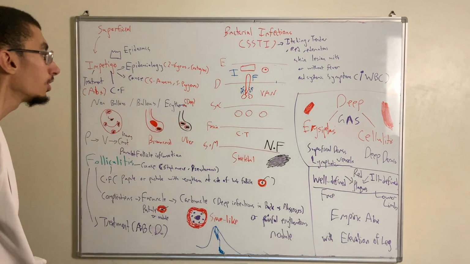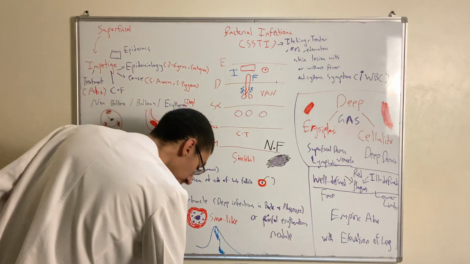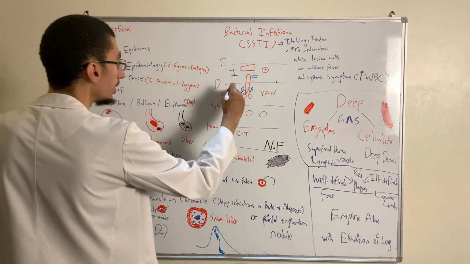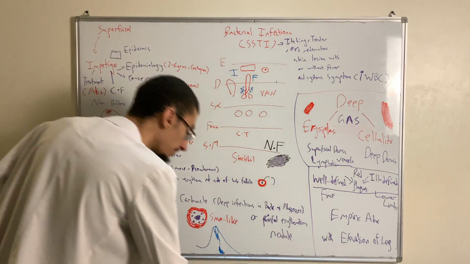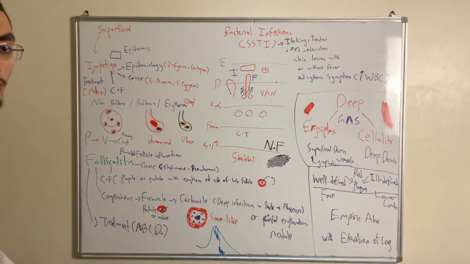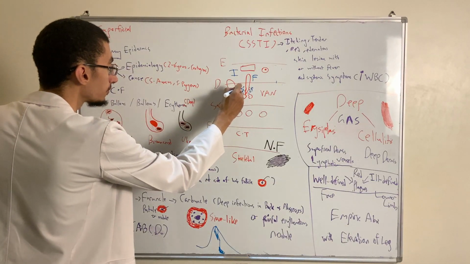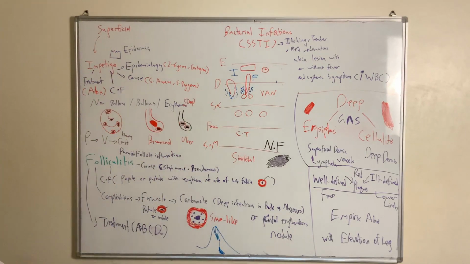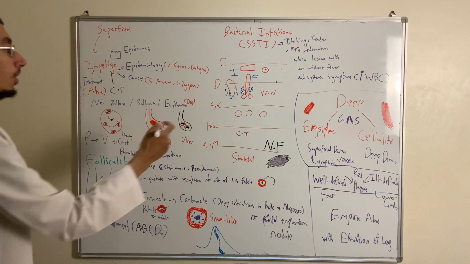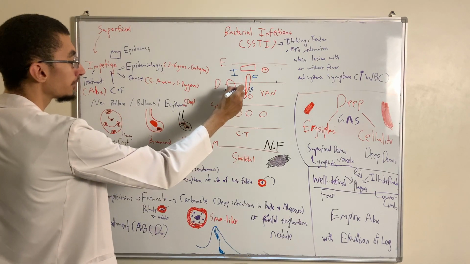But let's say we have more than one hair follicle being infected. Let's say, for example, we have another hair follicle here, all right? And let's say this hair follicle also has the same issue. Let's say we have another furuncle, the same issue. Now we have another furuncle here, all right? Another boil, another hair follicle being infected here as well. And let's say all this accumulation of pus between the follicles, they join together, all right?